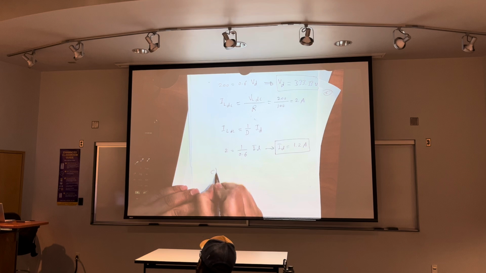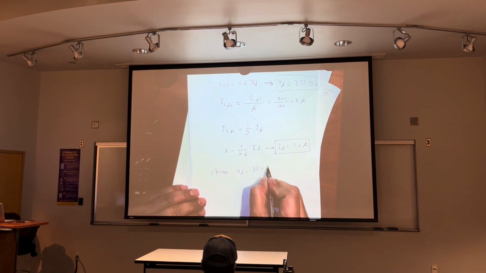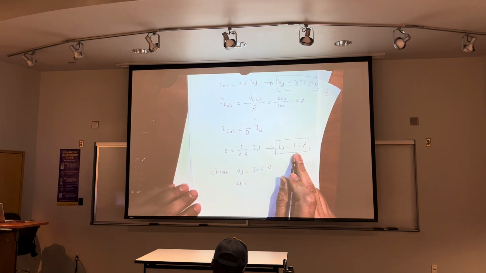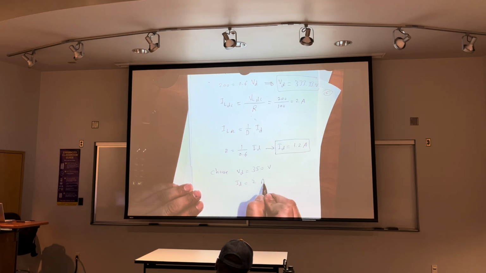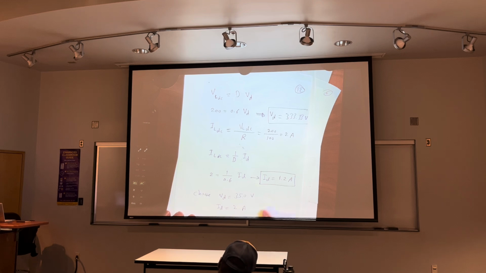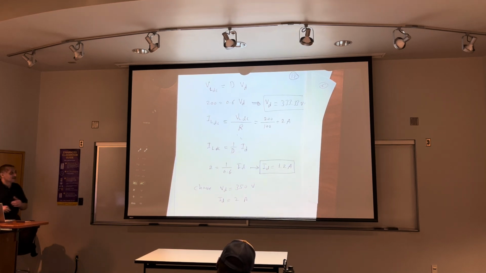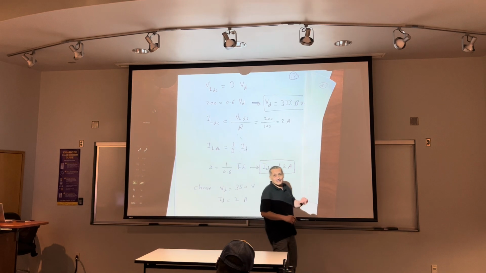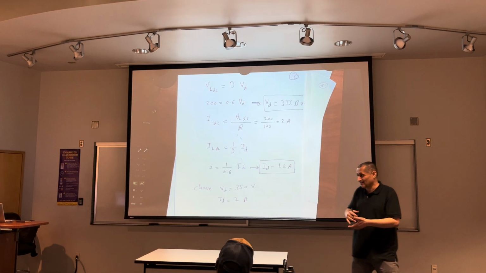Choose VD 350 volt, ID 2 ampere. You are a designer, so please select VD and ID more than the calculated value, not less than.